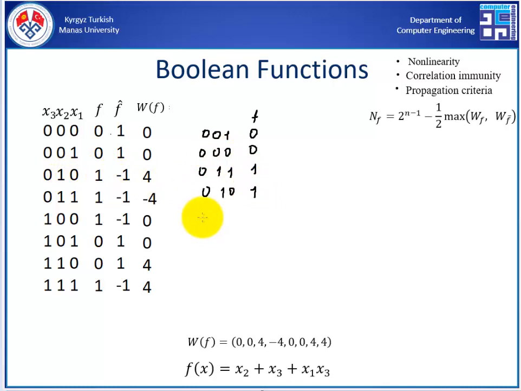The next 1, 0, 1, and for this input, the output is 0. Let us divide this part by a line. So 0, 1, 0, 0, the output is 1. 1, 1, 1, the output is 1 here, and 1, 1, 0, for this input the output is 0.